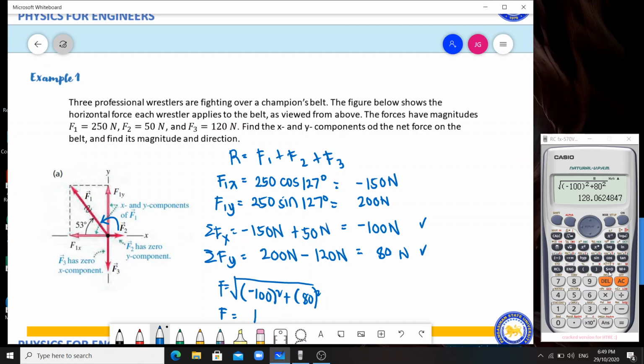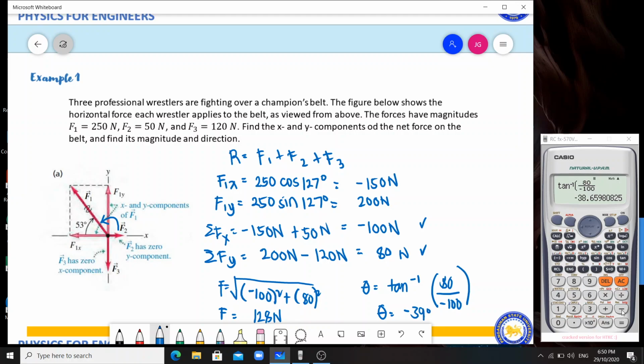Okay. 128 Newton, and the direction would be 80 over negative 100. Negative 38 or negative 39. Okay.